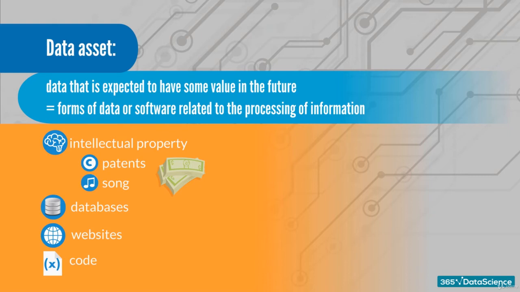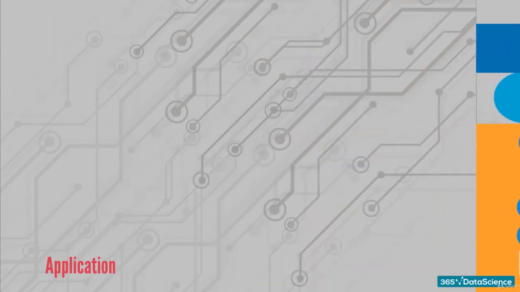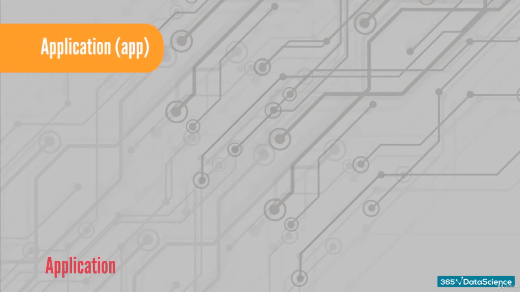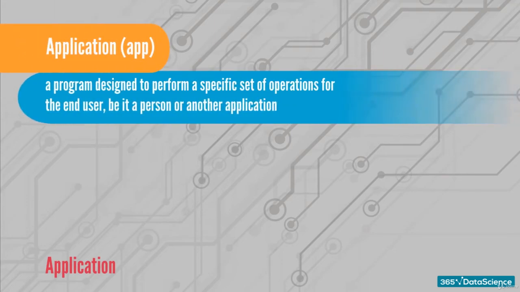Having clarified the general picture better, let's go back to the other two words composing the term API. Application. Here, an application, often called just app, refers to a program designed to perform a specific set of operations for the end user, be it a person or another application.